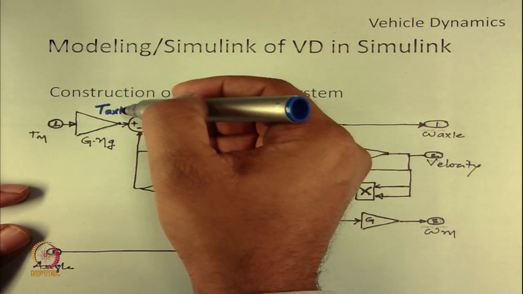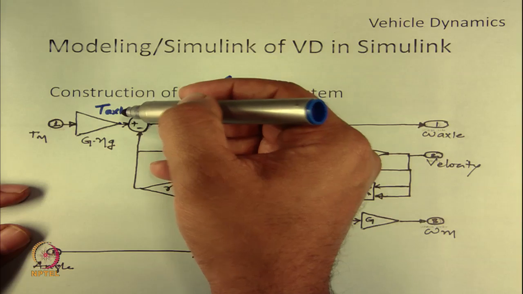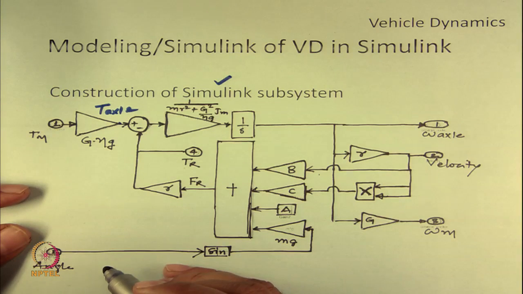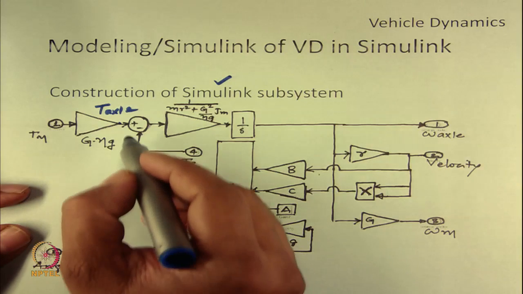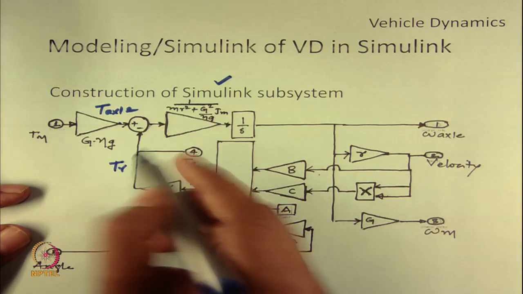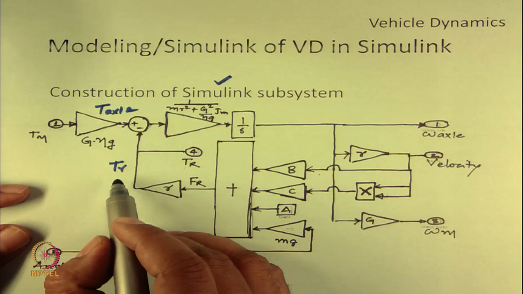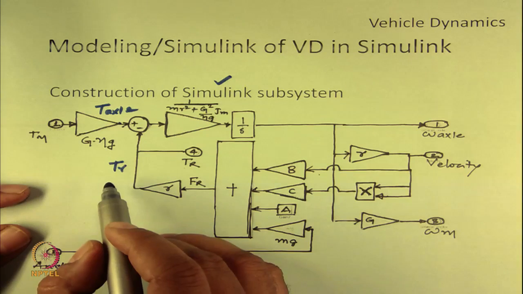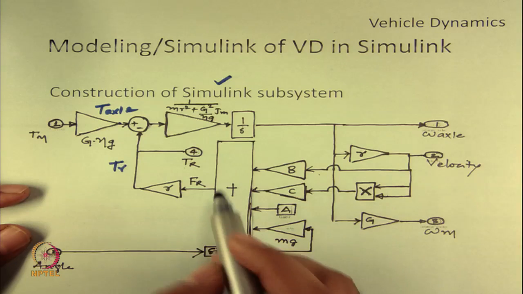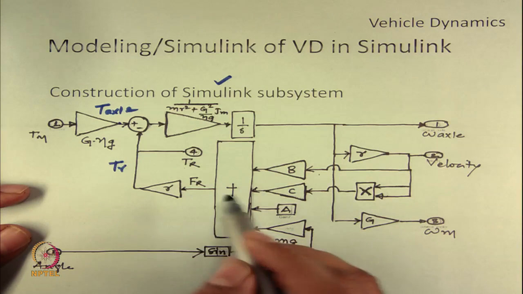So, T axial has to be subtracted by the equivalent torque proportional to the resistive forces. So, we need to calculate Tr here. So, what is Tr? Tr is a product of Fr into R. And what is Fr?